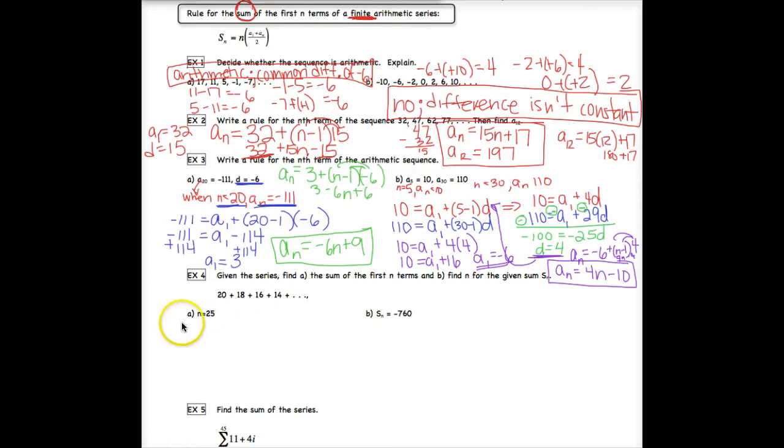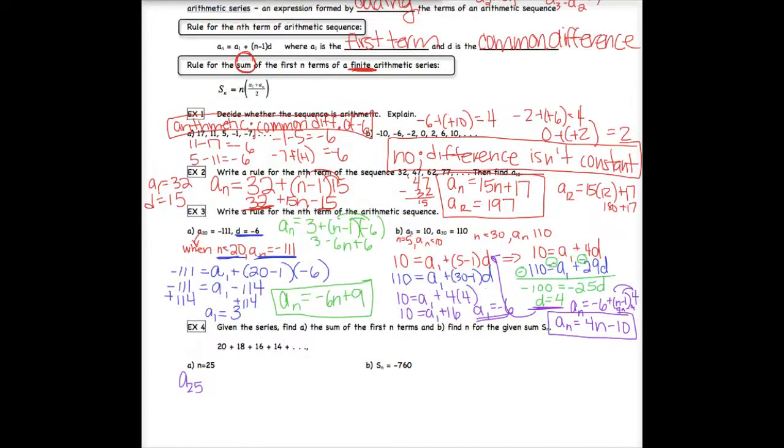Now, this wants to know, I want to find the sum of the first 25 terms. So the first thing I need to do is figure out what the 25th term is, because you cannot find the sum without finding the last term. So I need to find a sub 25. I can do that the exact same way I just did above.